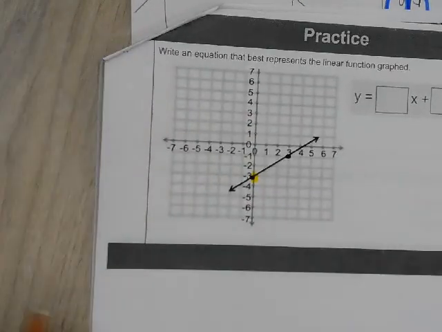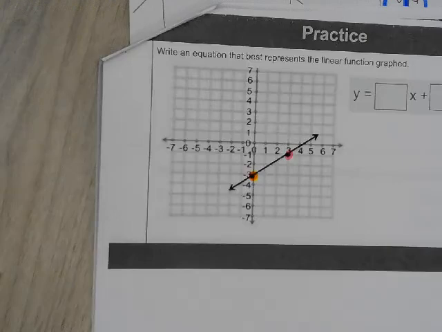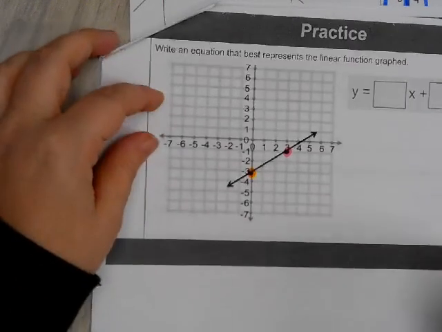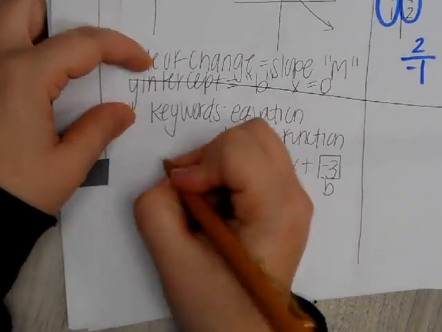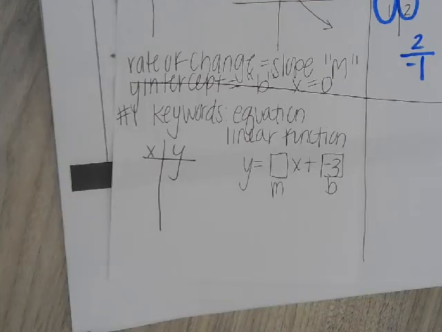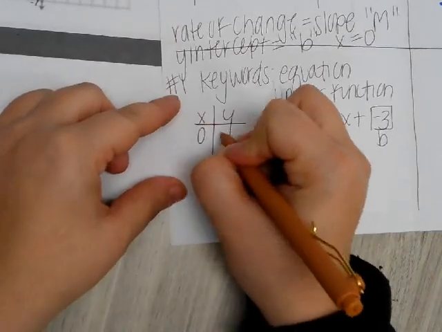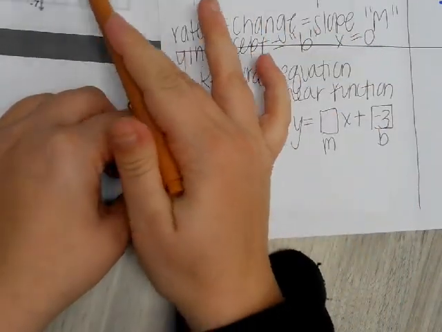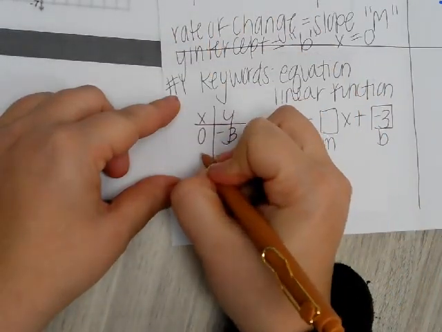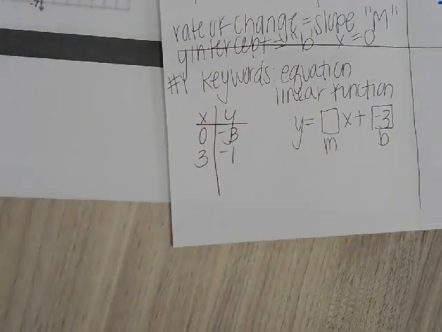Okay, I know I'm going to be using 2 points. So I'm going to make my table. So 0, -3, and then this one is 3, -1. Okay, so I'm going to go ahead and find my slope.